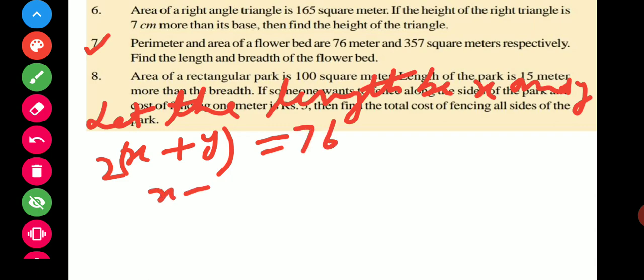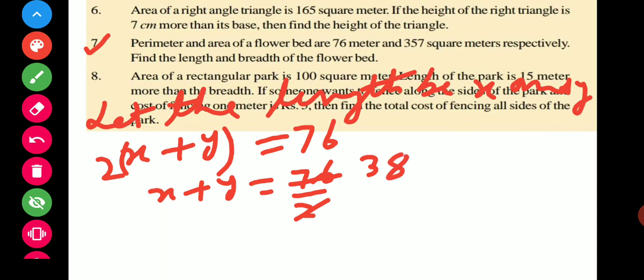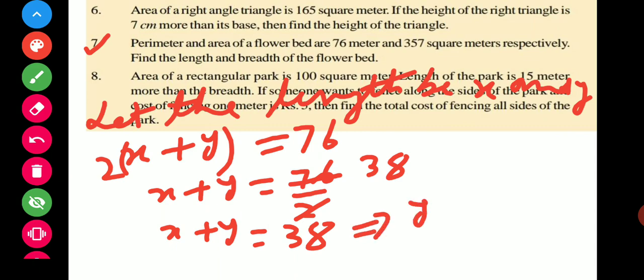So it is x plus y is equal to 76 divided by 2. So it becomes 38. So here x plus y is equal to 38, and you can say y is equal to 38 minus x. So you have y is equal to 38 minus x.